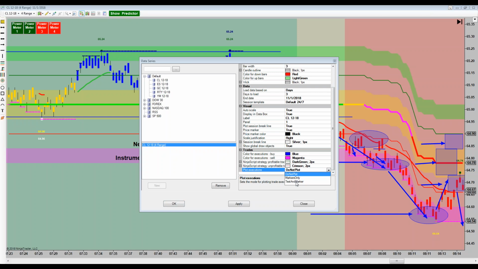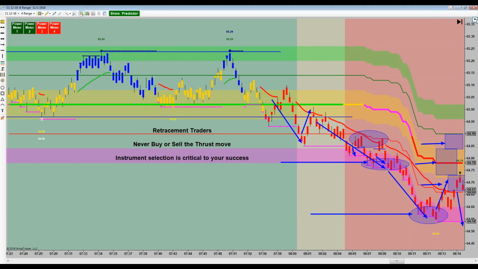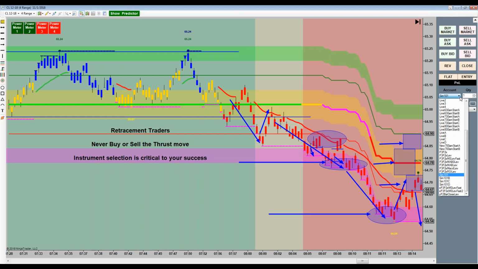Armed with that information, it will show you on the chart where trades were taken, and you have to go to the selected account that you traded to. So let's say in the case of crude oil, you created a sub-sim account called CL. It's all the way up here, see CL?